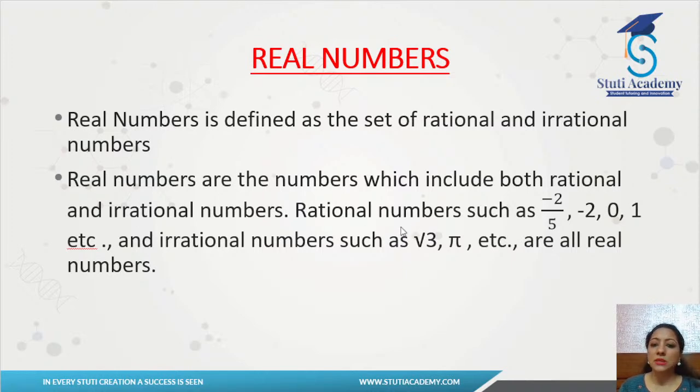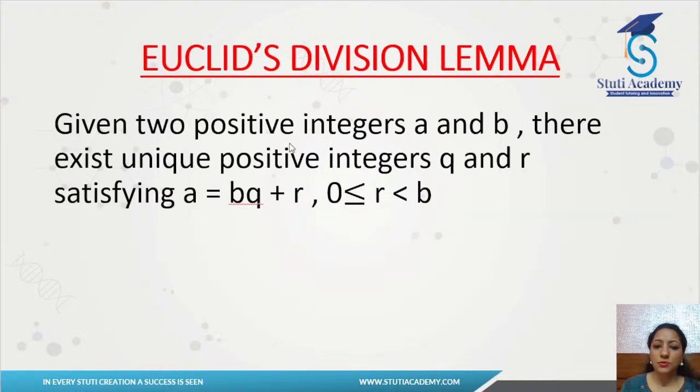So real numbers include all the numbers such as minus 2 by 5, minus 2, 0, 1. These are all rational numbers. They're real numbers as well. And we have irrational numbers like root 3, pi. They're also real numbers.